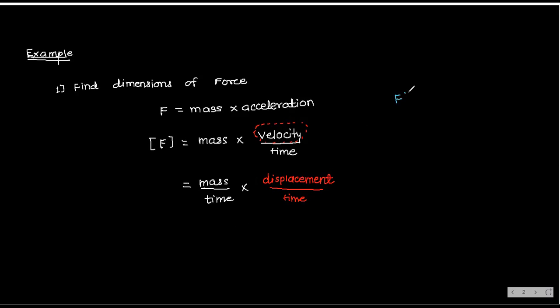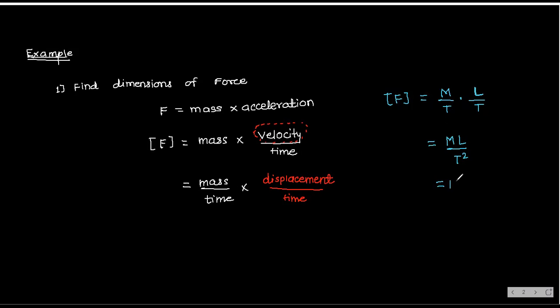So dimensions of F is equal to, now this is mass. Mass is denoted by M in the dimensions. This is M. This is time. Time is denoted by T. Into displacement, which is nothing but length, so denoted by L, and this time is again denoted by T. So this is equal to M, L, and T square down.